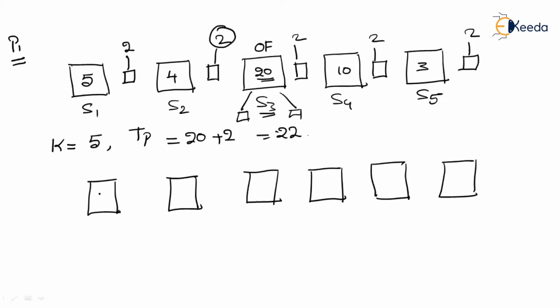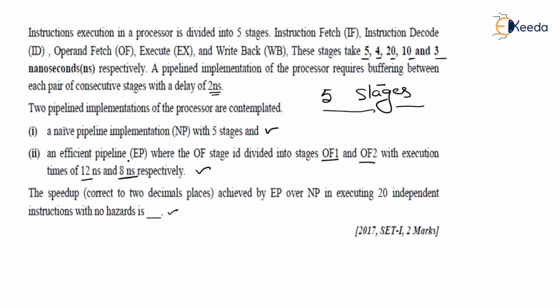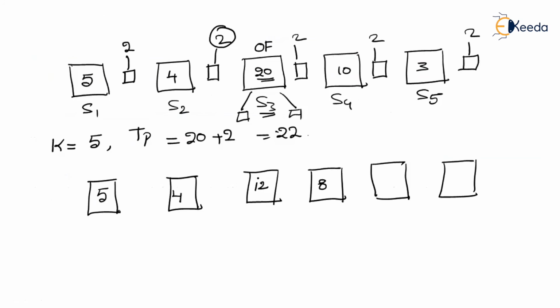So here the stage delays are 5, 4, 12, 8, 10, and 3, because, as you can look at the question, in an efficient pipeline the OF stage is divided into 2 different stages, OF1 and OF2, with the execution times of 12 nanoseconds and 8 nanoseconds respectively. Of course, there will be intermediate registers, each taking 2 nanoseconds.